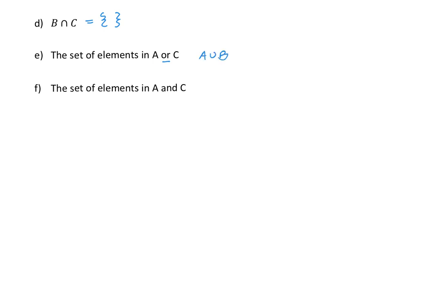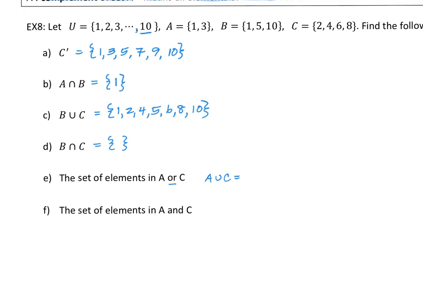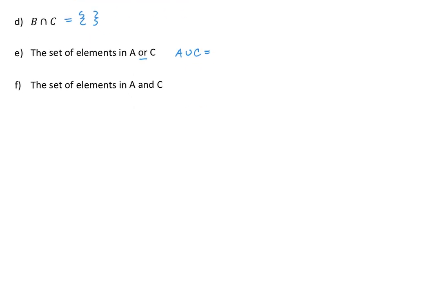Remember, or is union. And that was C, sorry, I wrote B. So the union would be putting these two sets together. Going back up, A is 1, 3, C is 2, 4, 6, 8. So their union would be 1, 2, 3, 4, 6, 8. Again, I could list all the elements, so the order really didn't matter.